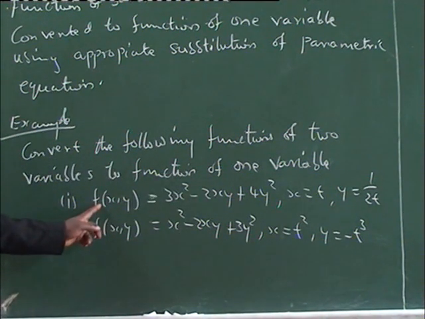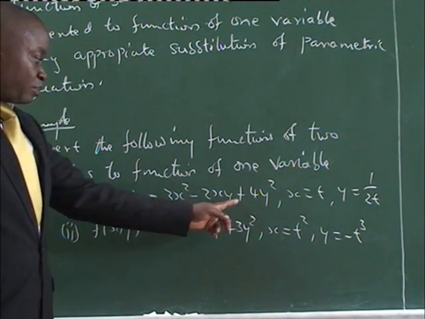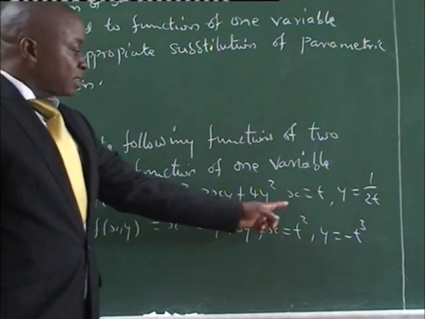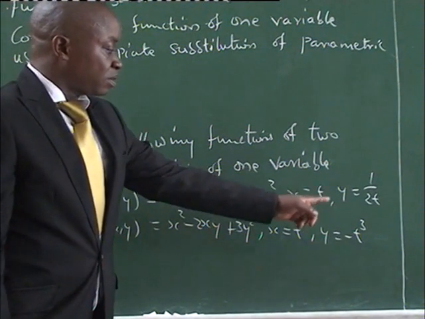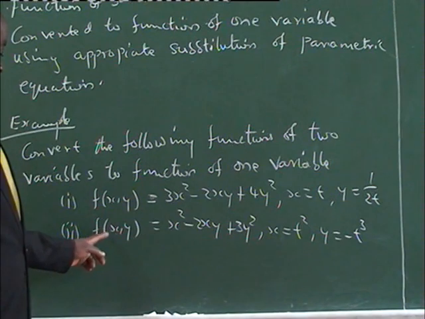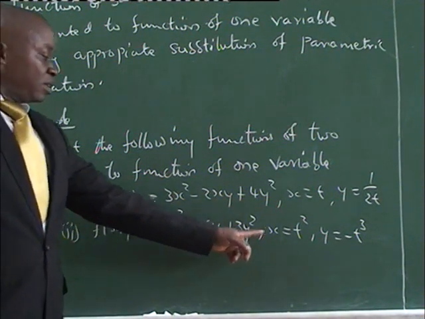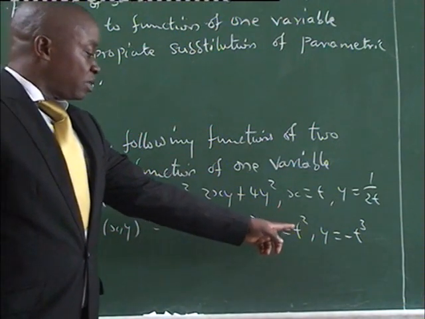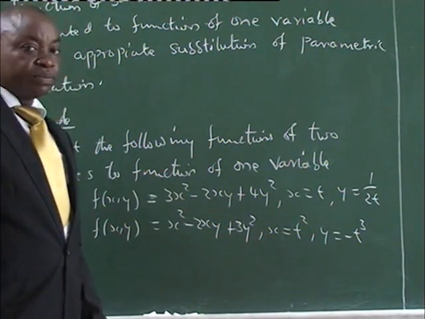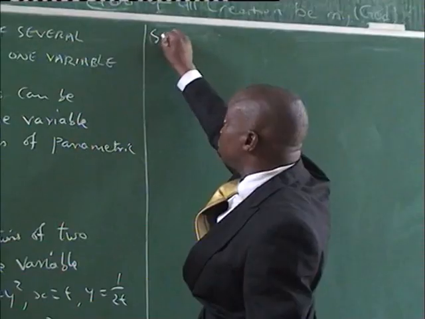Here we have f of x, y is equal to x squared minus 2xy plus 4y. Then x is equal to t, y is equal to 1 over 2t. Then we have f of x, y is equal to x squared minus 2xy plus 3y squared, x is equal to t squared, then y is equal to minus t cubed. Now let's start with the solution.